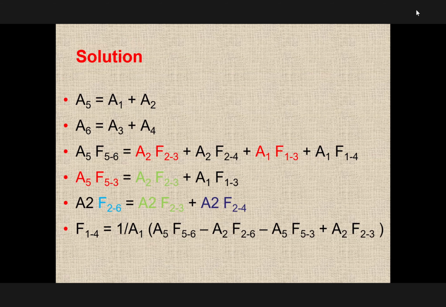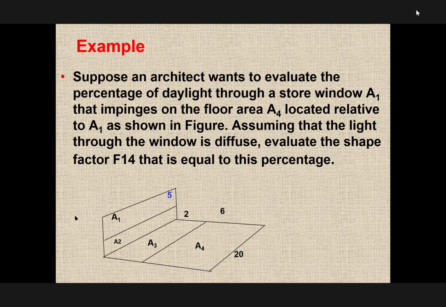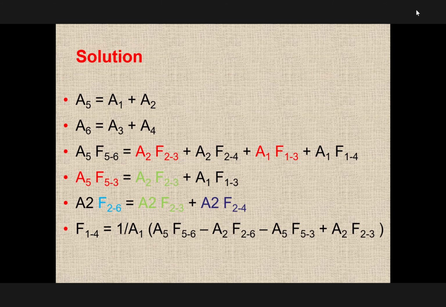Okay. Therefore, you can calculate some of them. In this case, if you know the areas of 5 and 6, you can go and use the figure to calculate the shape factor of 5 to 6. If you know the area, that's the dimension of 2 and 3, you can go and calculate from the figure, and also the rest. Because if you go back to this equation, you can see that you have all the information.